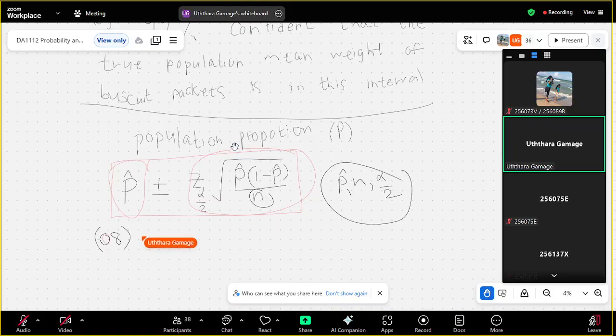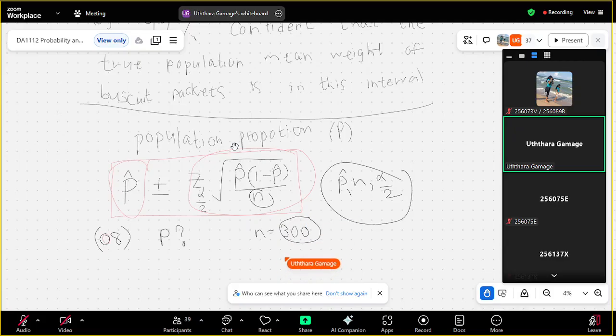He needs to find the population proportion, right? And it says a random sample of 300 items is taken. Now he has taken a random sample. It is observed that 45 items of these 300 are defective, right?